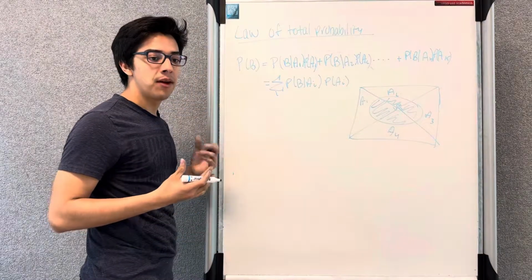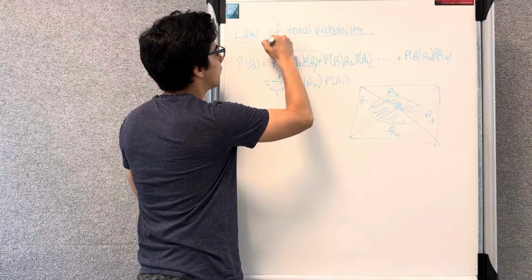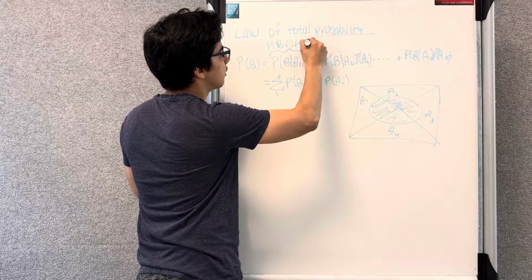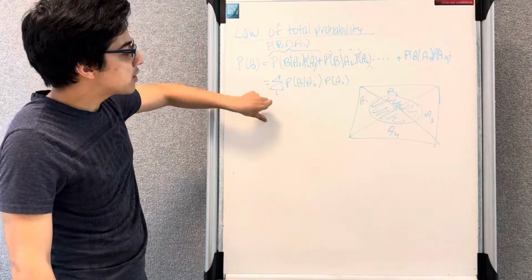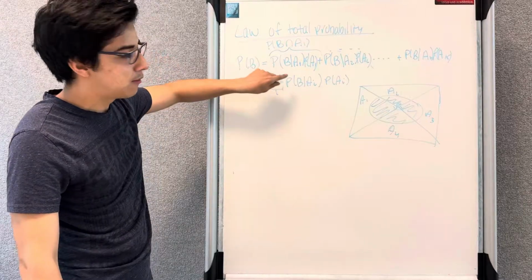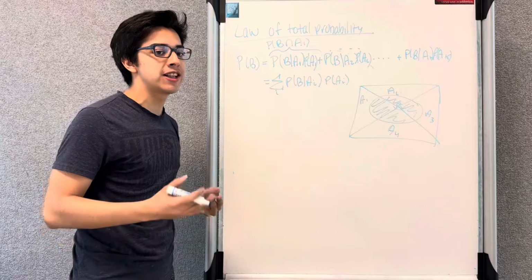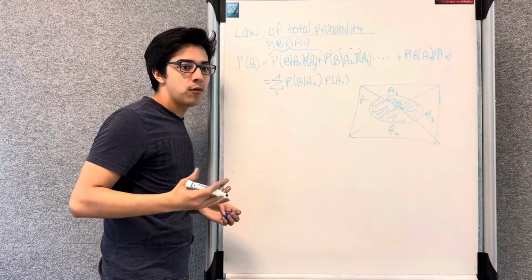As we saw in the last parts, this is equal to the probability of B intersection with A1, and the same for the others. So this gives you the intersection of all of these. An important consideration is that A1, A2, and so on are mutually exclusive. This will give us the probability of B in total.